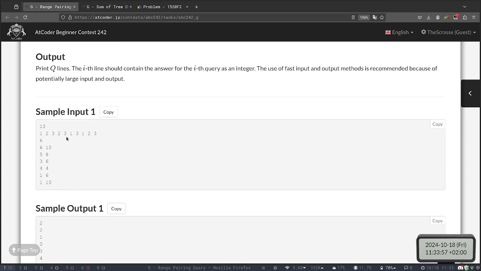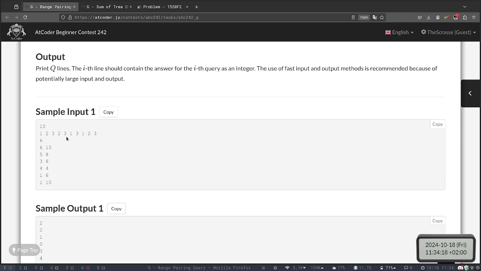So, okay, the only color that's affected here is the one we add or we remove, and we have to check if it appears an odd number of times. And yeah, this is possible.